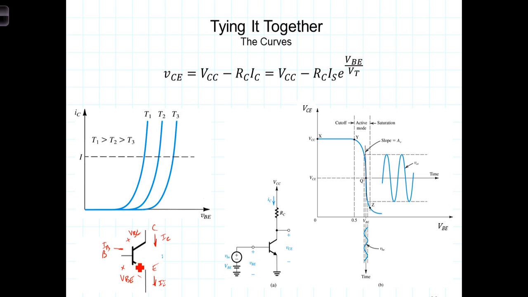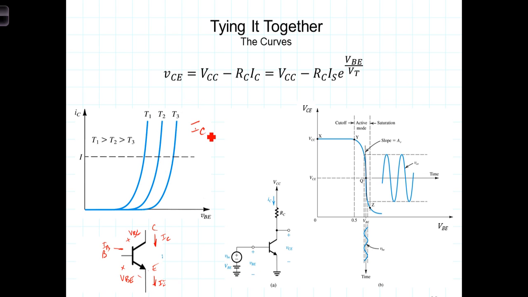As we have seen, there is a PN junction that exists between the base and the emitter and the base and the collector. This PN junction and the current through that PN junction is described by the diode equation we saw when we were studying diodes.